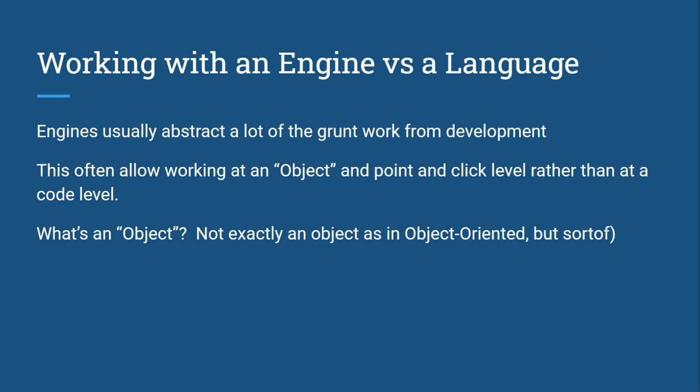This allows us to often work at this sort of object and point-and-click level rather than at the coding level, right? So we don't have to get down into all the nitty gritty, and sometimes we can even accomplish things without direct, text-based coding. So it's the best of all worlds, right? You can pick and choose your battles. So you'll notice I've mentioned objects there. So objects, well, let's discuss them a bit.